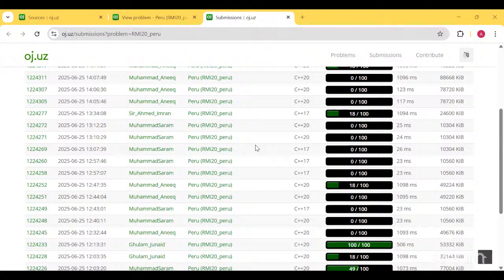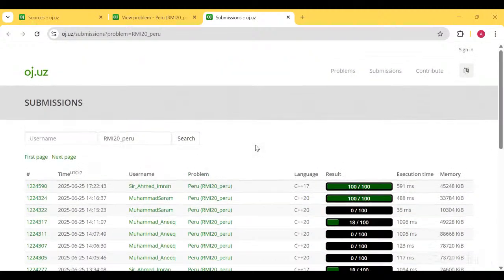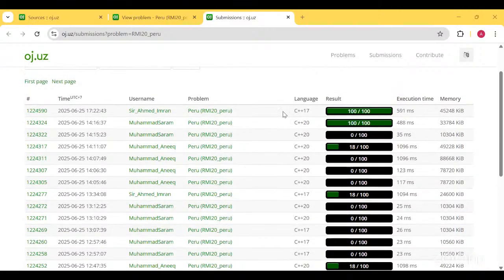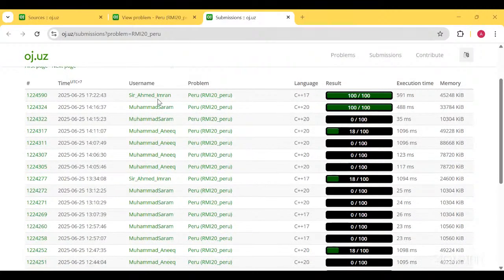Yes, you can try any idea or algorithm that can be used for a problem. Okay, Ahmed got accepted. Maybe after the contest, Soram got accepted as well.